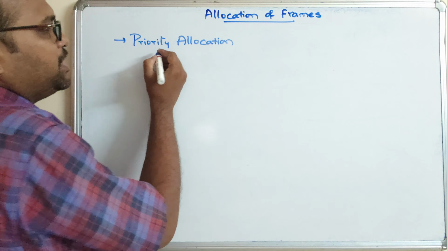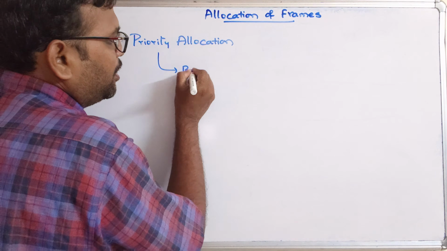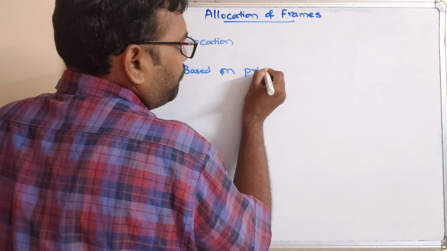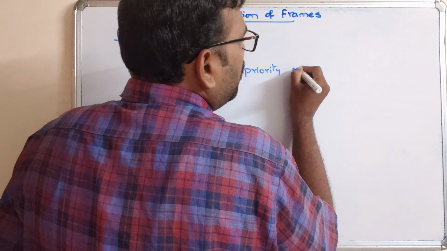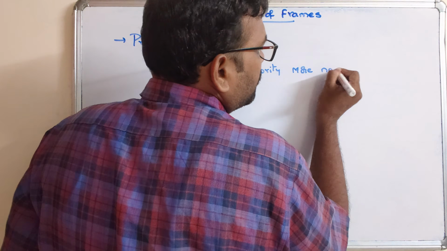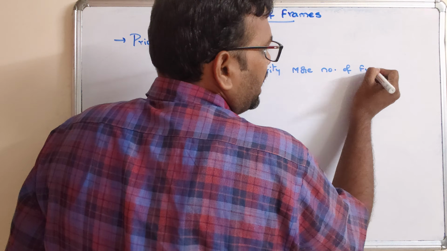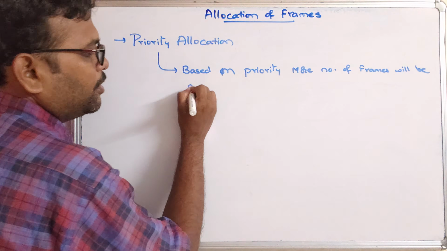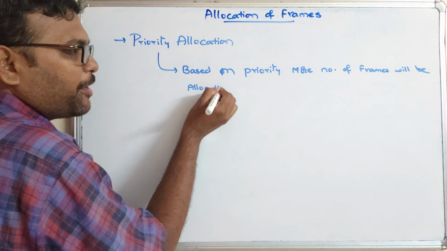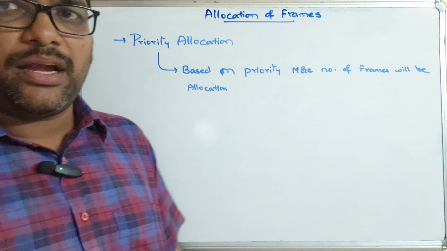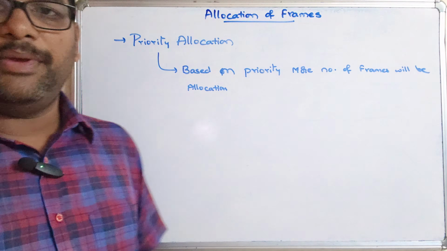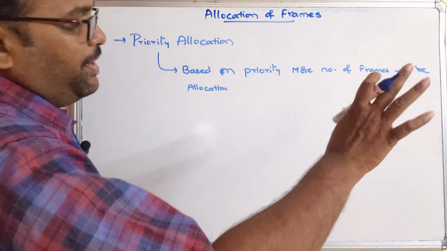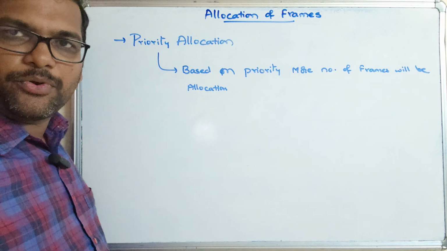So here also, based on priority, more frames will be allocated. If there is any highest priority process, then more frames will be allocated to it. That's the only thing. There is no formula. The complete frame allocation depends upon the priority of that process.